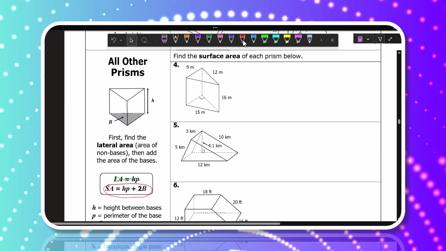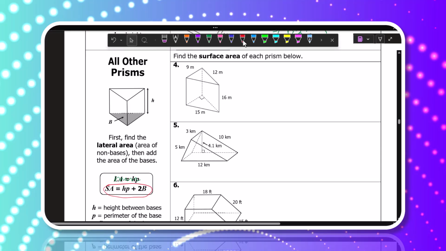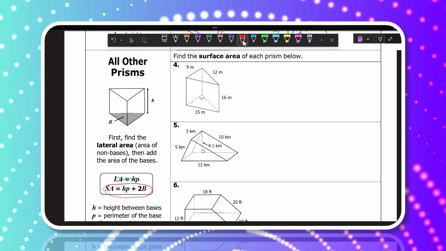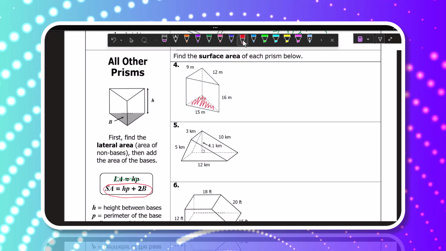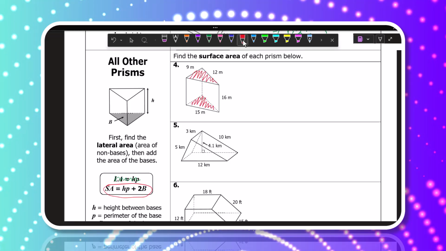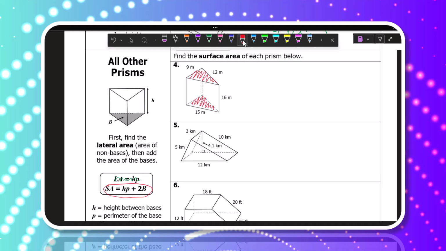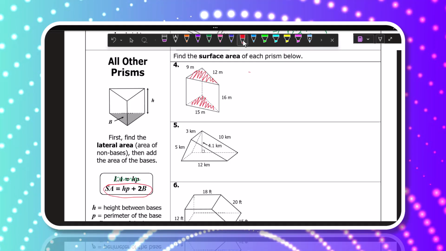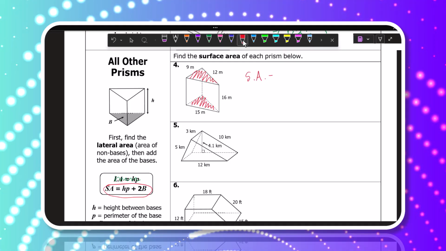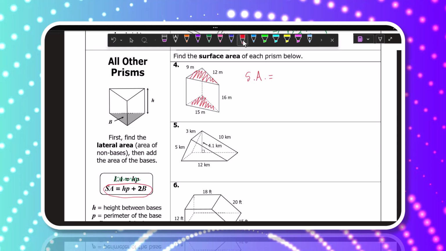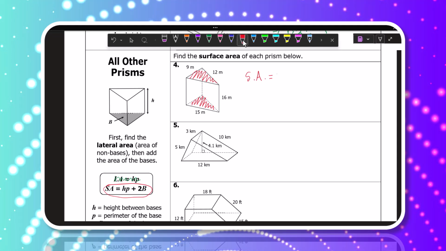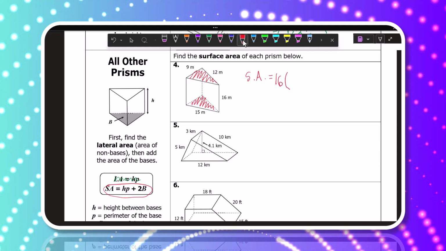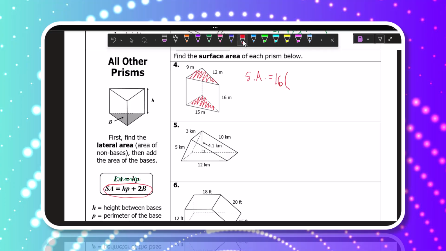So number 4, first of all, let's find our bases. Base is here and here. So surface area equals our height, which connects the two bases, so that's our 16, times the perimeter of our base.